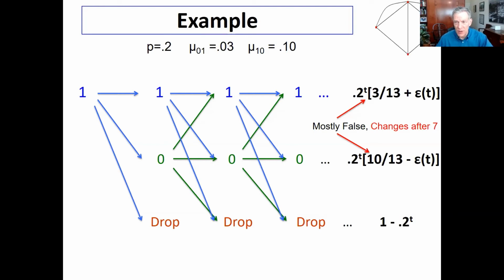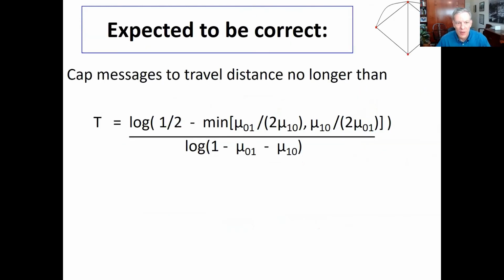Okay, so eventually this is going to flip over, because the mutations become false. If you wanted most messages to be correct, you can just do a calculation of when that flipping point is. There are some Markov chains, so you can go through and do the math. You can calculate after how many steps it is more likely to have transitioned from 1 to 0 than back. In this case, that t is a function of these mutation rates, and this is the exact formula of what that looks like.